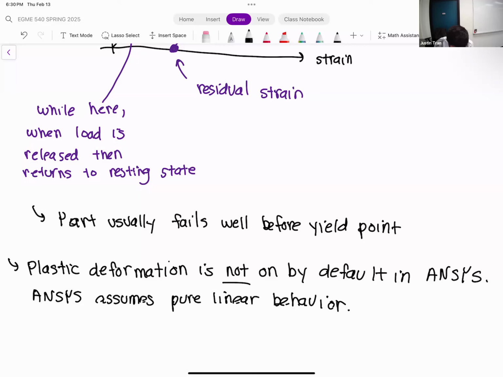So there's a setting, and remind me to show you this next Thursday because sometimes I forget. But there's a setting within ANSYS called large deformations.